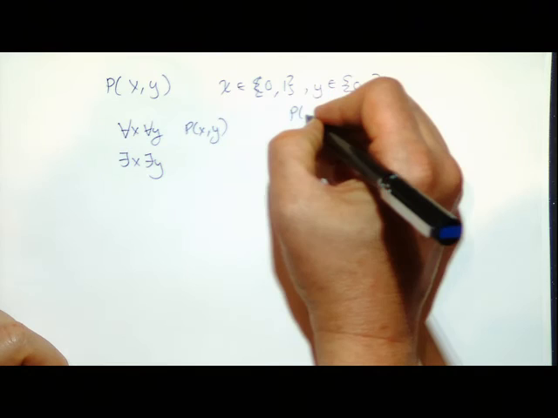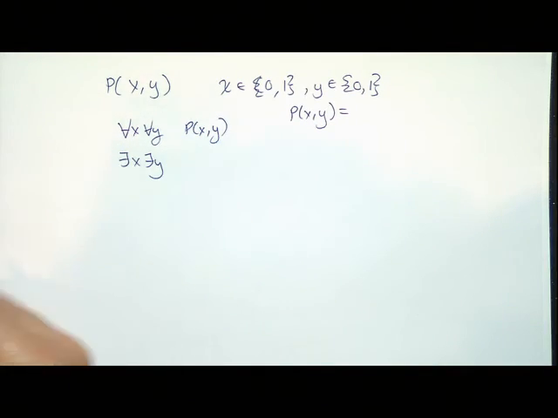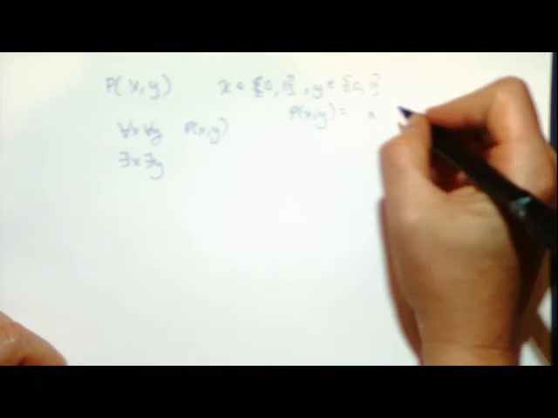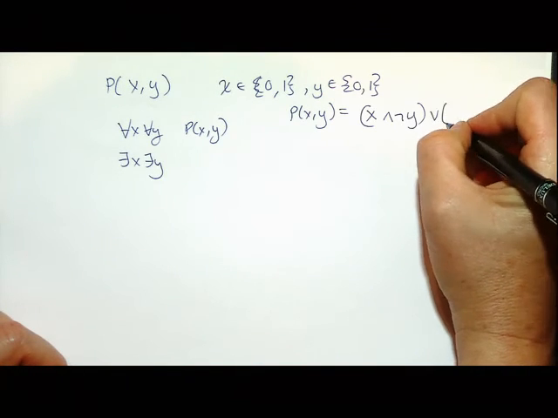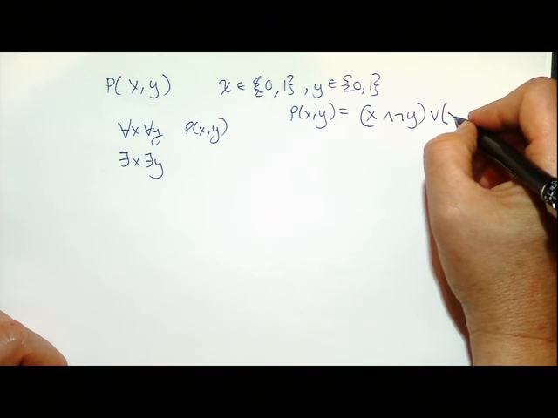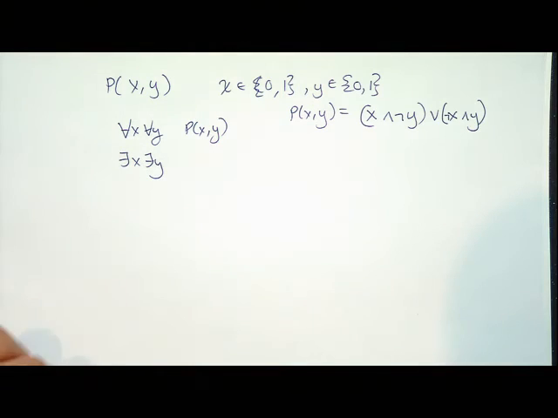So P of x, y is going to be x and not y, or not x and y.